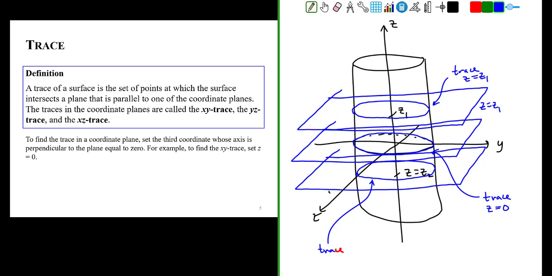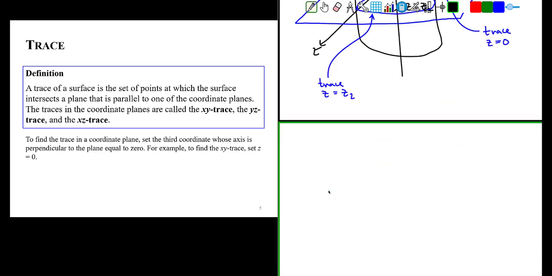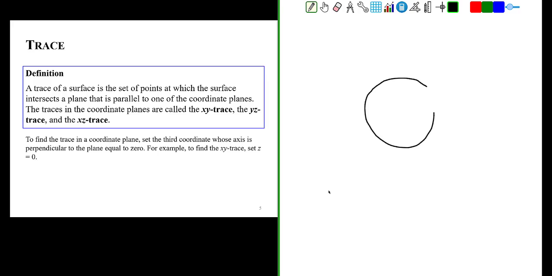That trace is the z equals z2 trace. Well, if we look down on these traces from the positive z-axis, those traces would be circles. And in the case of this cylinder, all those circles overlap.